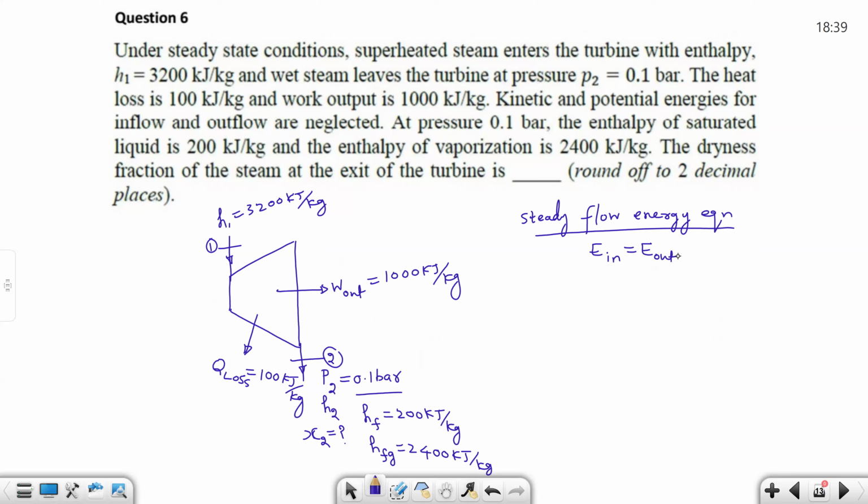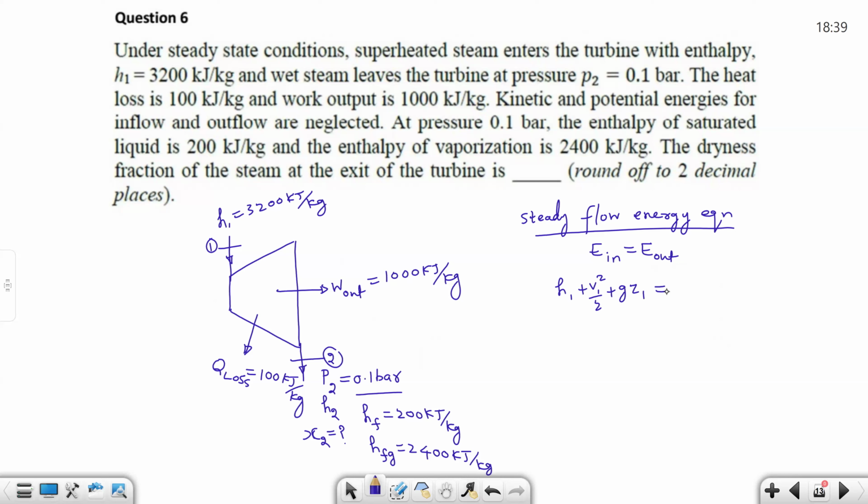Energy in along with the mass flow, taking 1 kg per second: enthalpy, kinetic energy and potential energy, and no other energy going into the system.